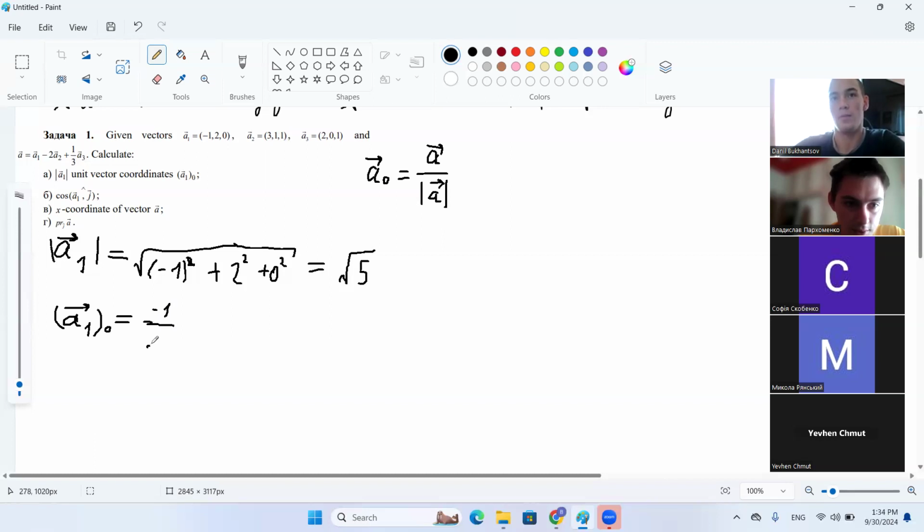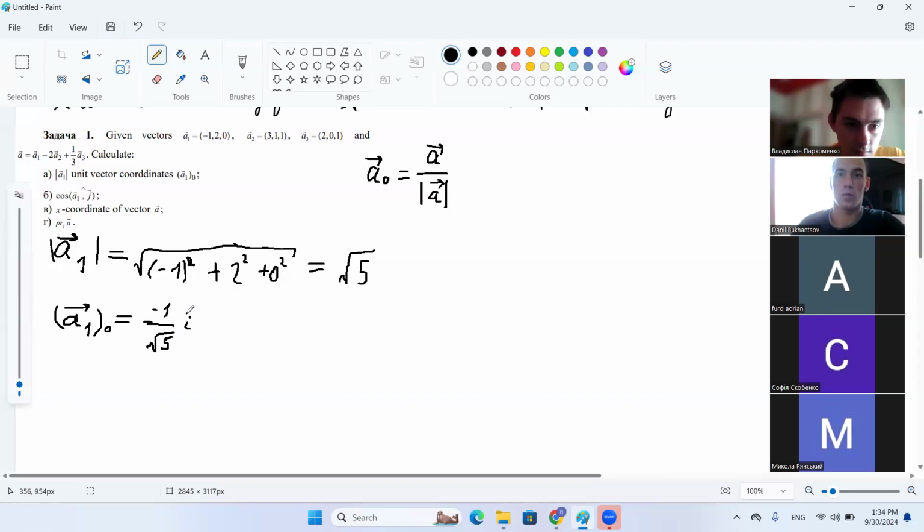Each coordinate is divided by the square root of 5. Plus 2 divided by the square root of 5, and plus 0. Yeah, plus 0. I forgot here j, and 0k.